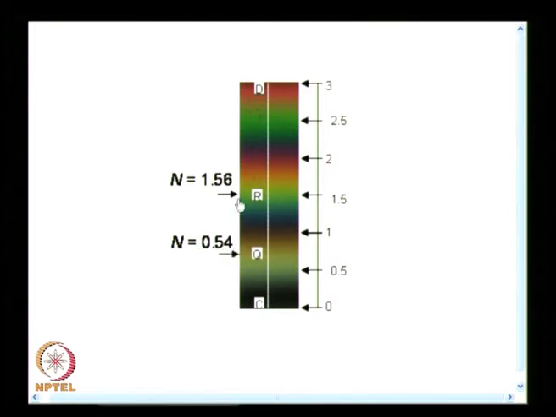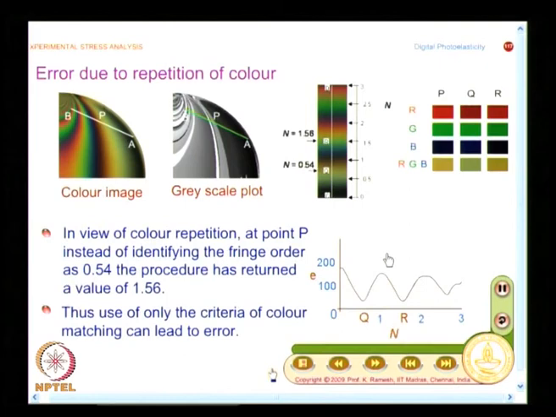Instead, it has identified a repetition in color and identified the fringe order as 1.56. So, there is a sudden jump because I have difficulty in the color code matching, because in this zone there could be a repetition of color at certain locations. So, this is a source of error and this needs to be corrected. The procedure has returned a value of 1.56 because it only finds the minimum error.